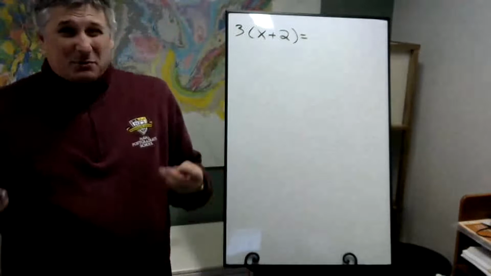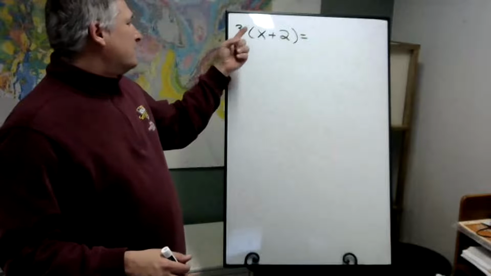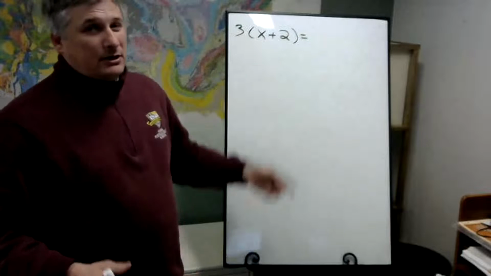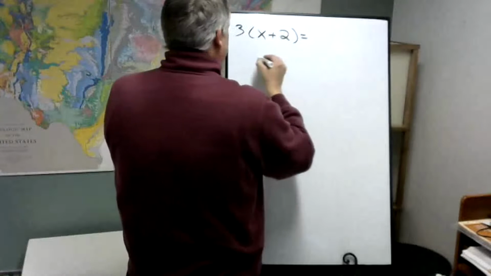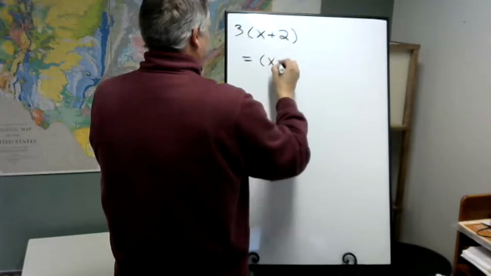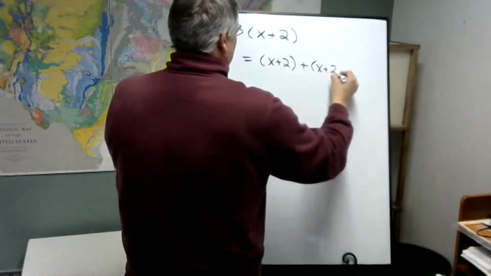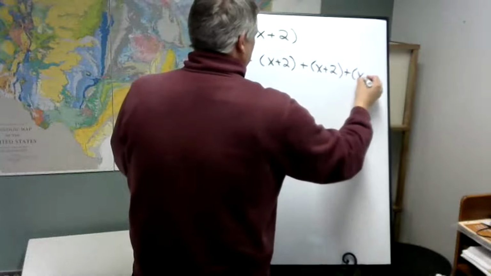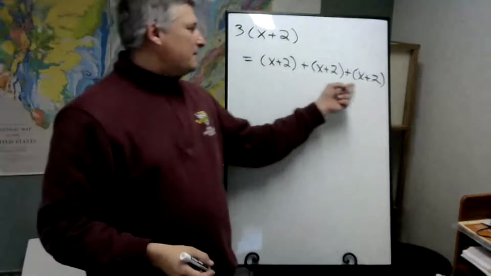Now, there is something else we could do I didn't mention before: we have 3 times something. And using the definition of multiplication, we can write that we have 3 of these added together.